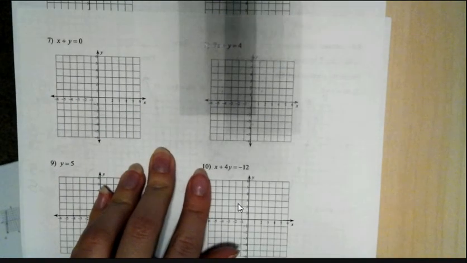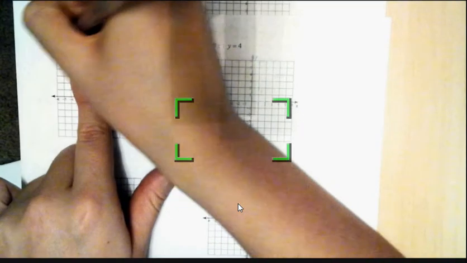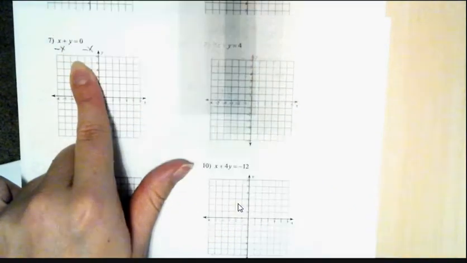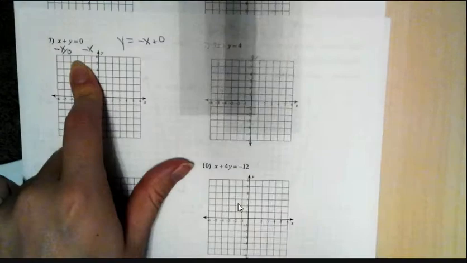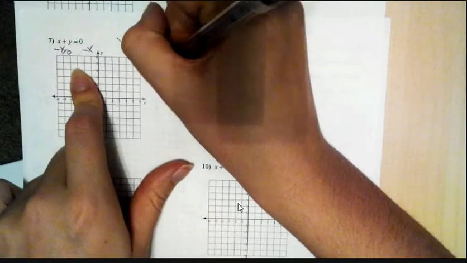So for number 7, I don't have slope-intercept form, so I'm going to subtract x from both sides, and I'm left with y equals negative x plus 0, which we could also just write as y equals negative x.